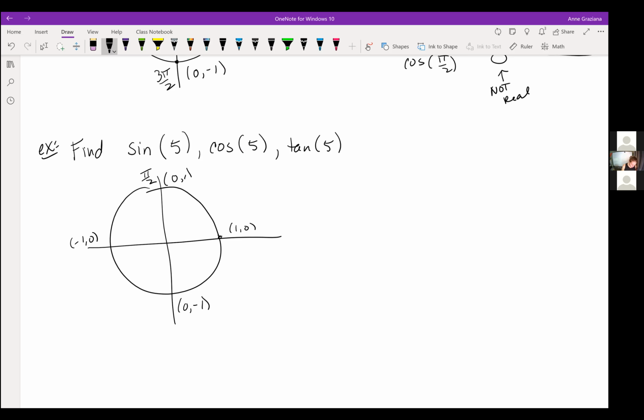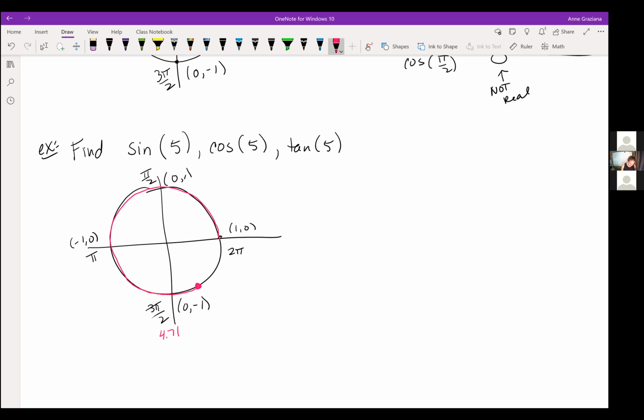This is pi over 2, pi, 3 pi over 2. Okay, 5. I know that this is 4.71. So when I walk around my circle, I'm going to get just past it. This is about 5.